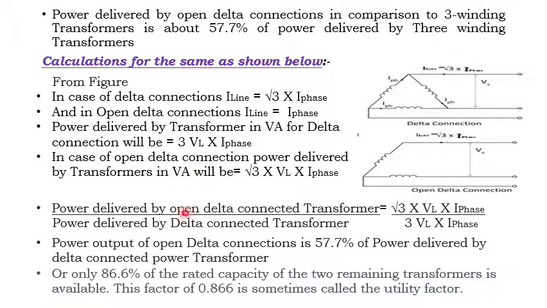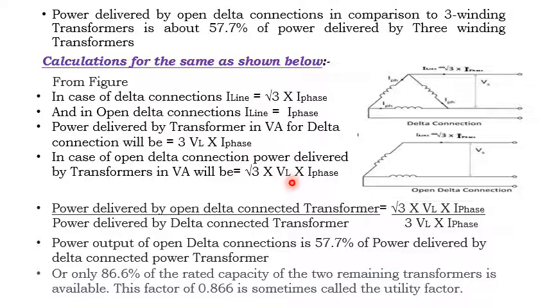Now if you consider the open delta or V-V combination, the power delivered by the open delta connection can be compared with the 3-phase transformer, but the power delivered is reduced. It will be 57.7% of the power delivered by the 3-phase transformer.